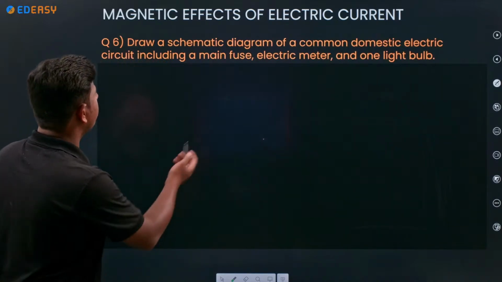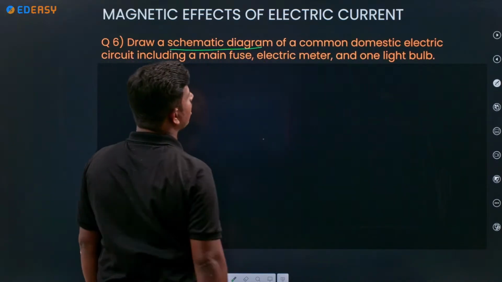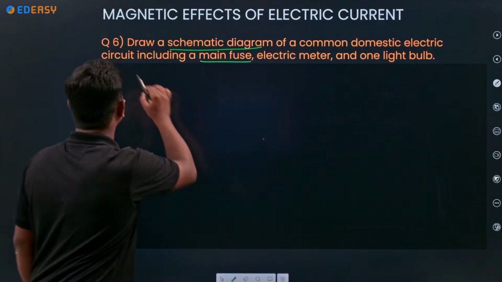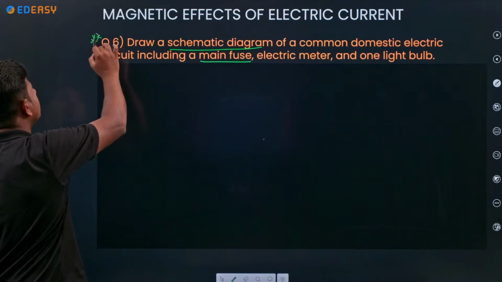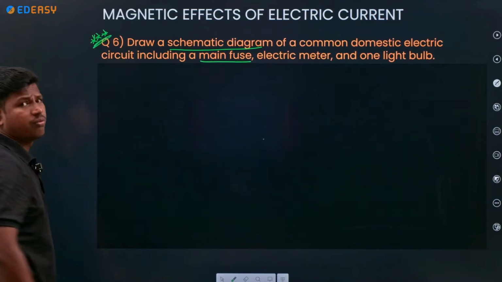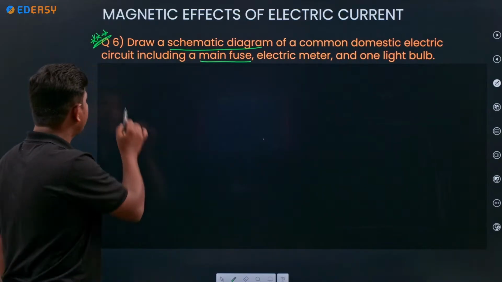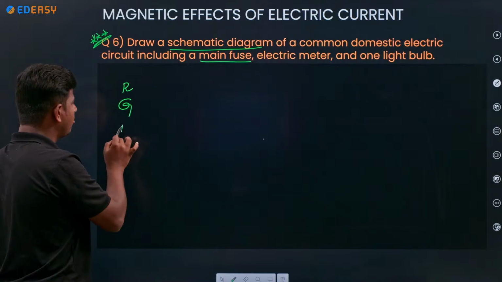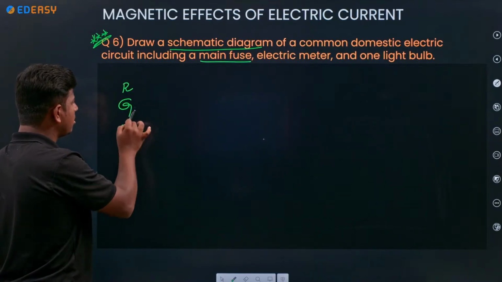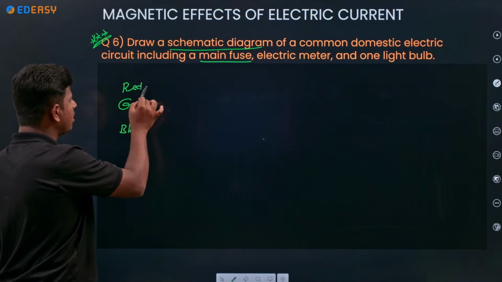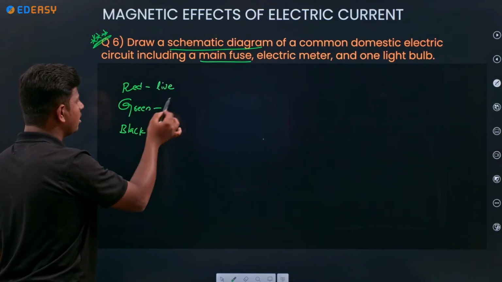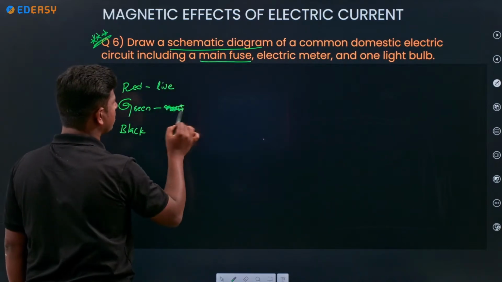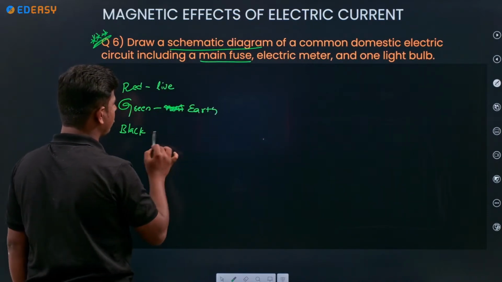Next, draw a schematic diagram of a common domestic electric circuit including a main fuse. Very important question for long answers. How many wires are there? Red, green, black. Red live wire, green earth, black neutral.